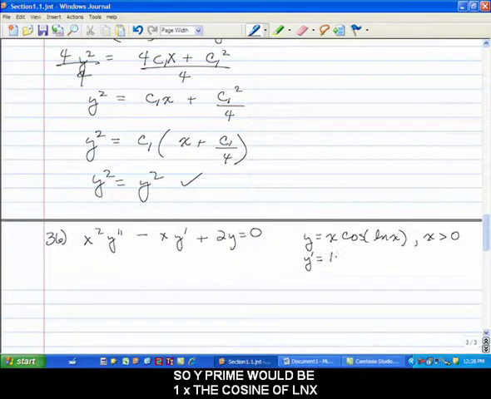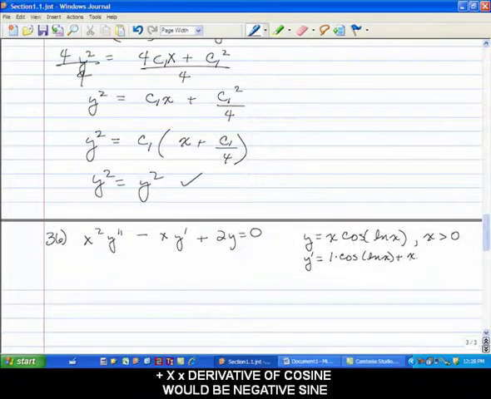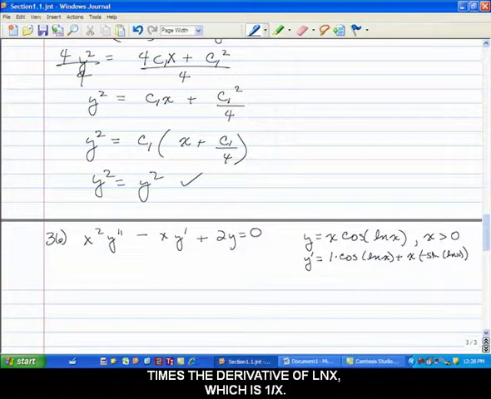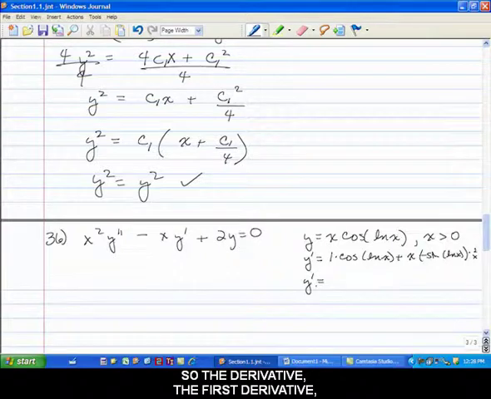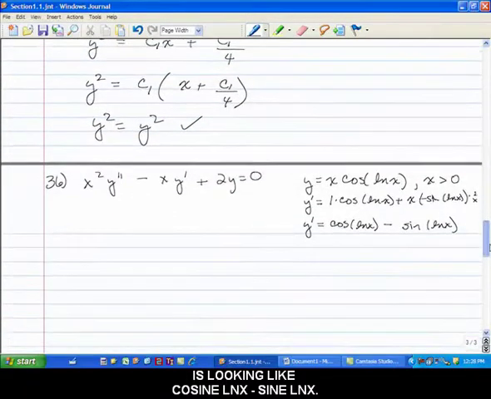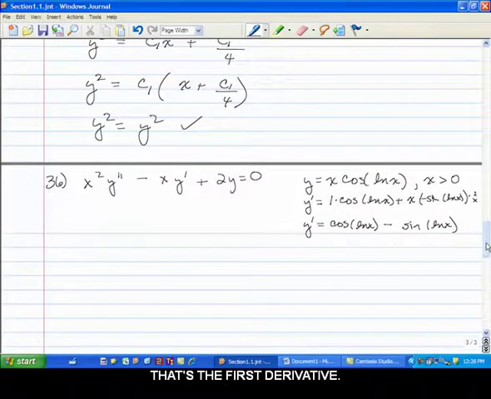So y prime would be 1 times the cosine of ln x plus x times the derivative of cosine, which would be negative sine, times the derivative of ln x, which is 1 over x. So the first derivative is looking like cosine ln x minus sine ln x. That's the first derivative.